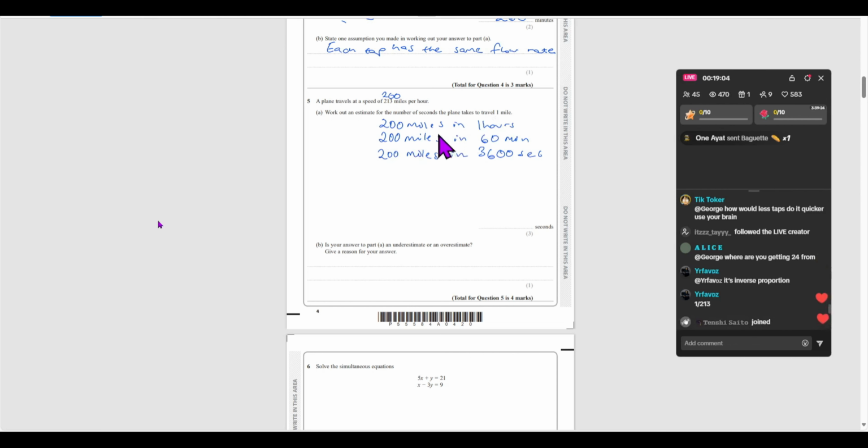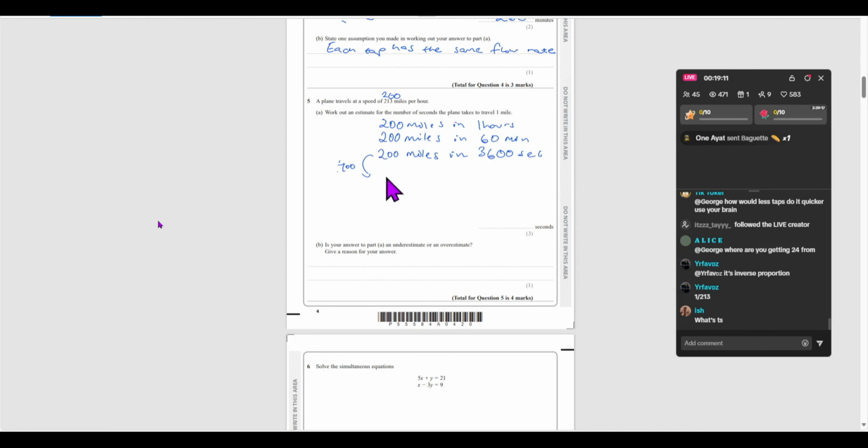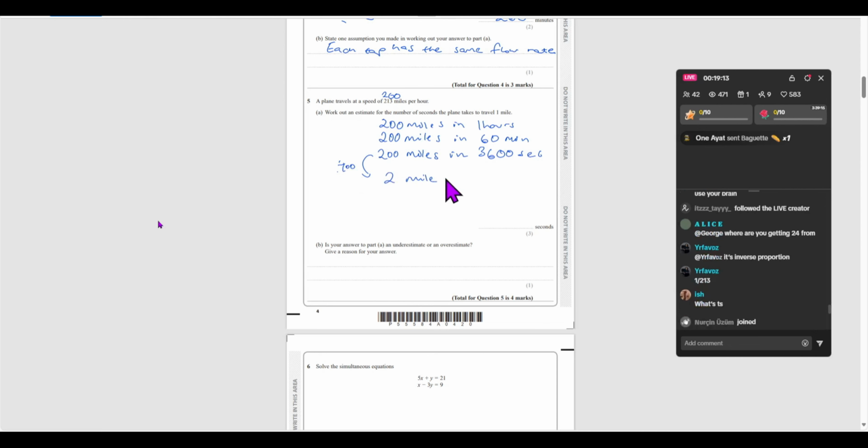First of all, we're going to divide by 100. We'll get 2 miles in 36 seconds, meaning it will travel 1 mile in 18 seconds. And that would be our answer, 18 seconds.